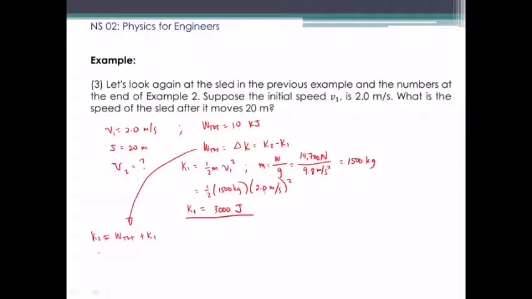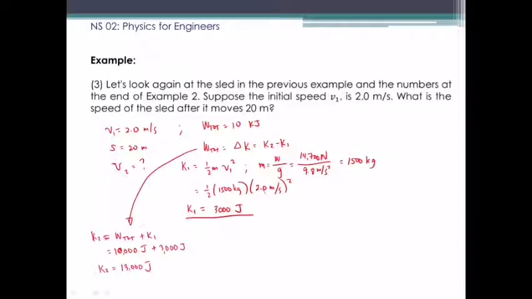Kinetic energy at point 1. So that is the total work, 10,000 joules, plus 3,000 joules as K1. You now have your K2, that is 13,000 joules.